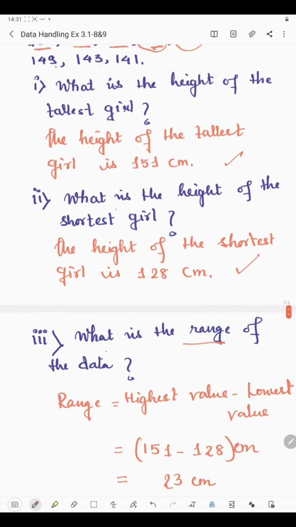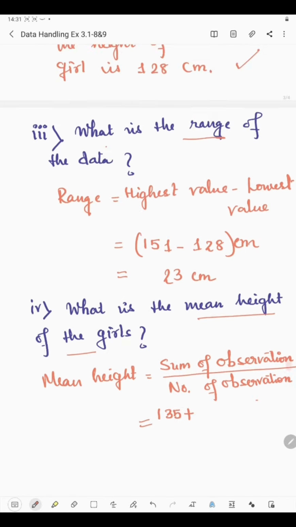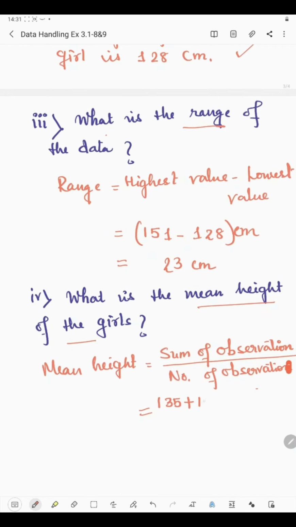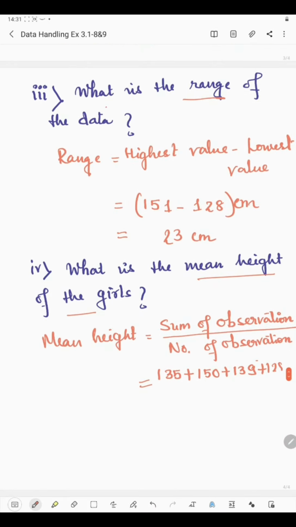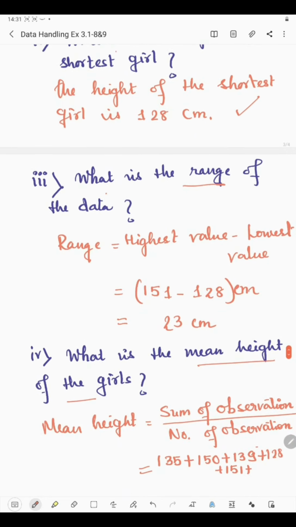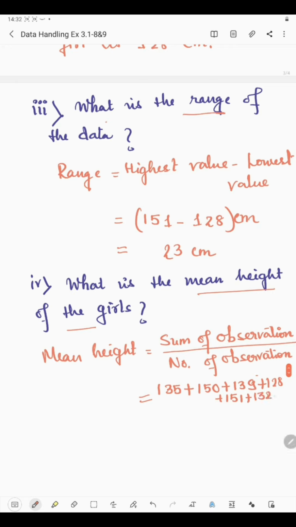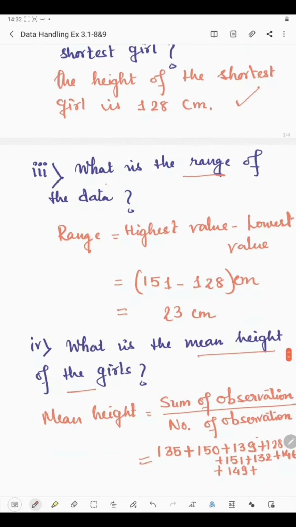So here we will write all the values which are given to us. So it's 135, then 150, then 139, then 128, 151, plus 132, 146, 149, then 149, plus 143 and 141.